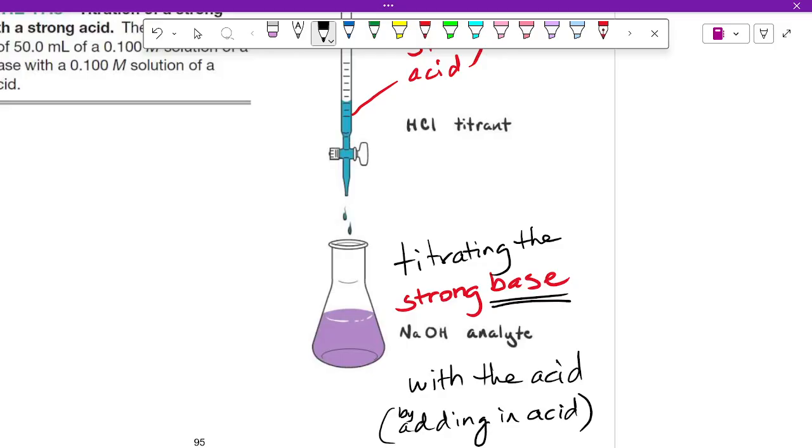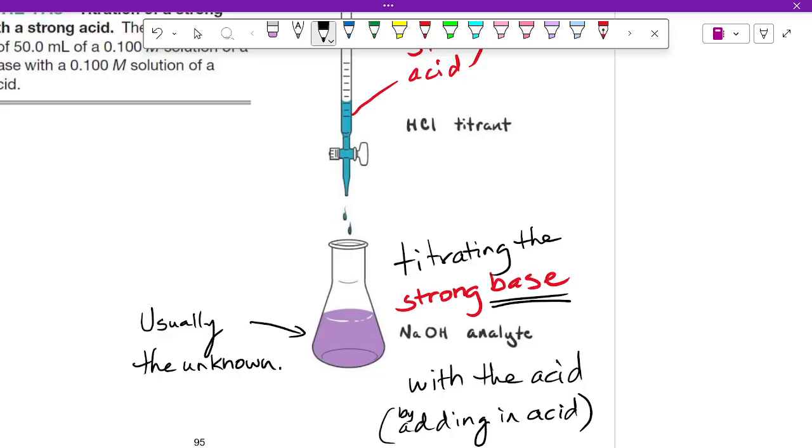Now, usually what this means is usually the analyte, the thing in the flask, is the unknown. It is possible to do it the other way around.